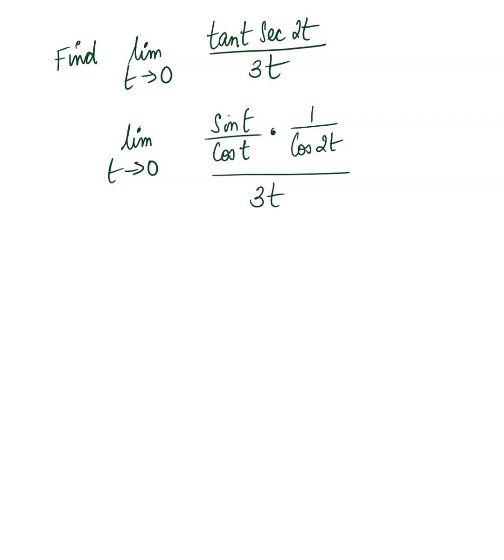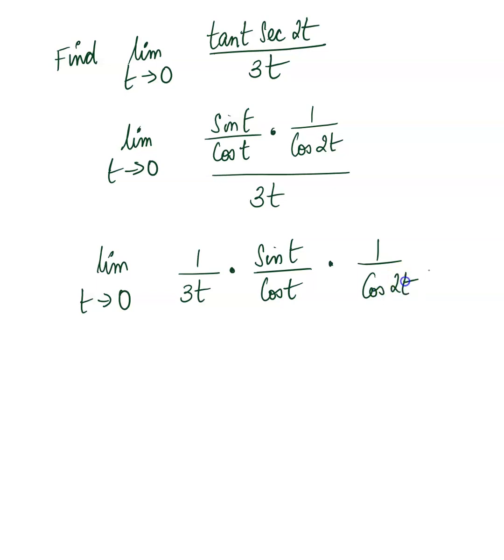You have layers of fractions there, right? So please try to simplify that. This is the whole thing, numerator over 3t, which is basically 1 over 3t times sine t over cosine t times 1 over cosine 2t.